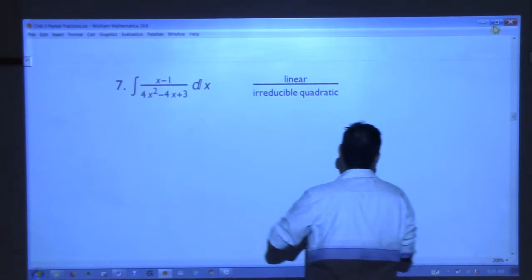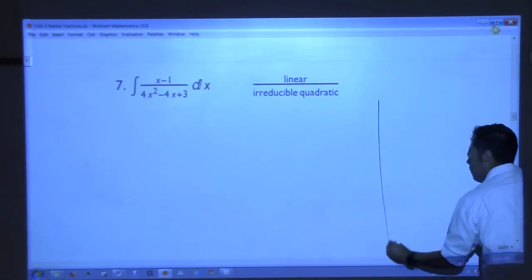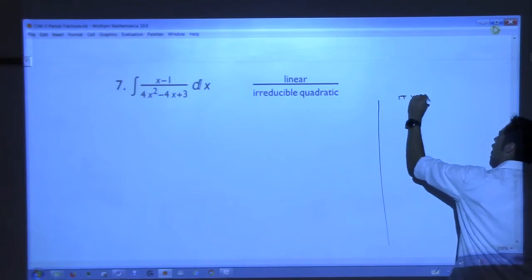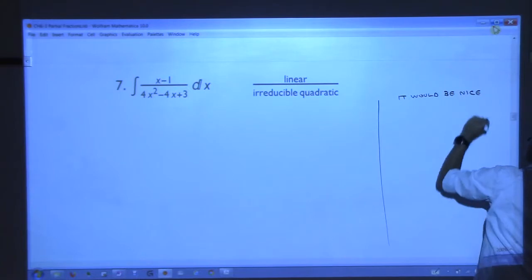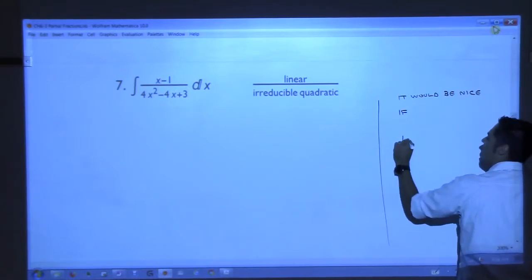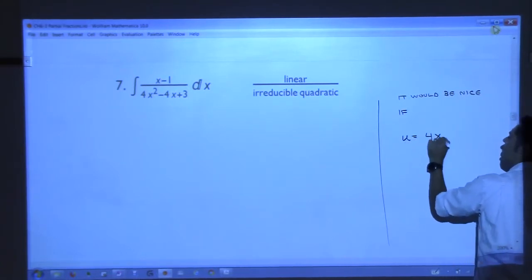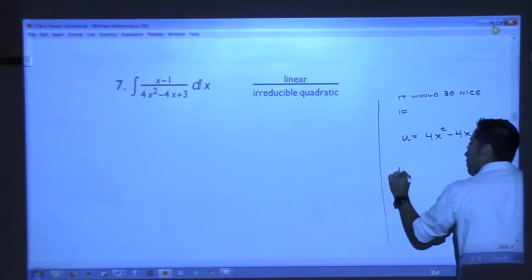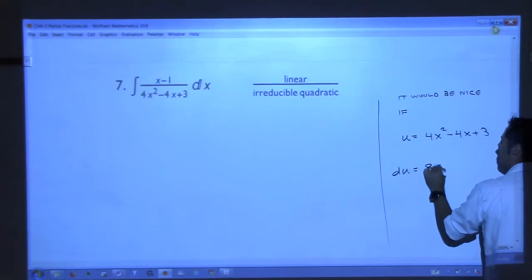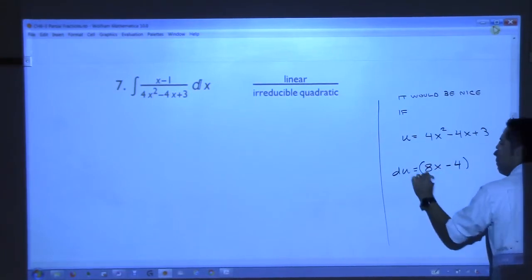Okay, so let me just write out what I'm thinking. It would be nice if I could let u be 4x squared minus 4x plus 3, and then the derivative of that, 8x minus 4, that's the derivative, right?